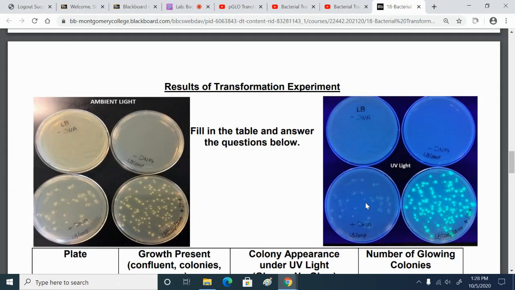Where does the arabinose sugar come from in this experiment? From the environment? Like it's on the plate already? Right. It comes from us. It's in the agar plate, right? So we have to supply the arabinose sugar to the bacteria.